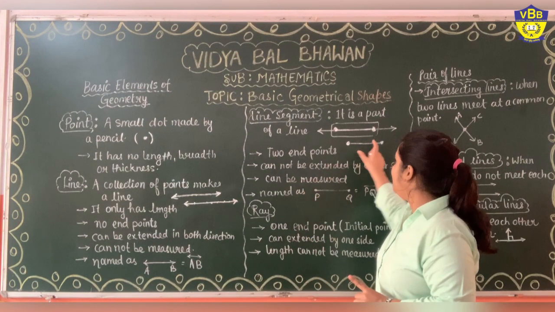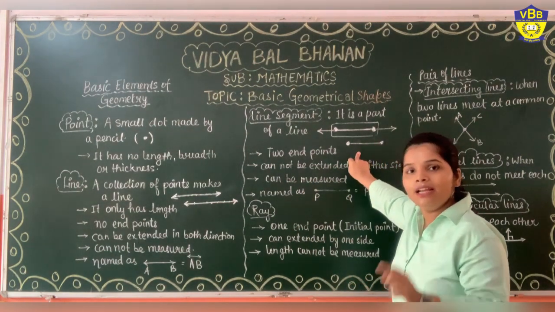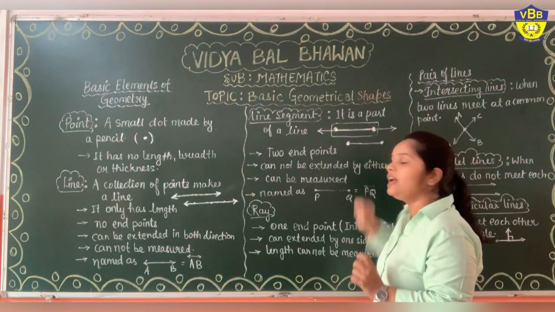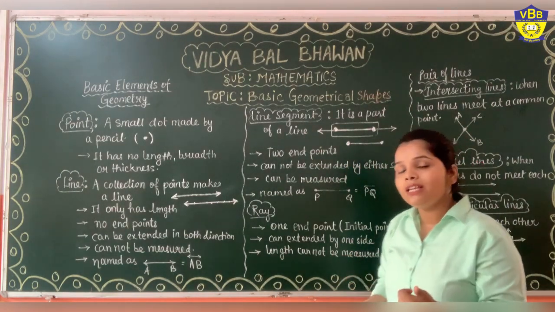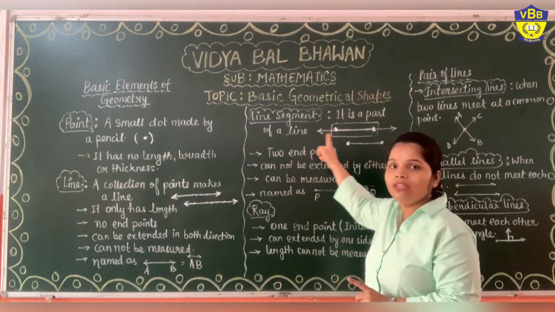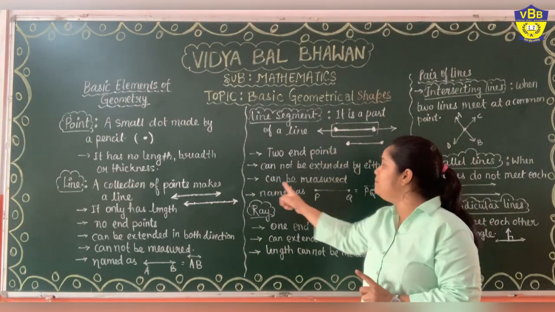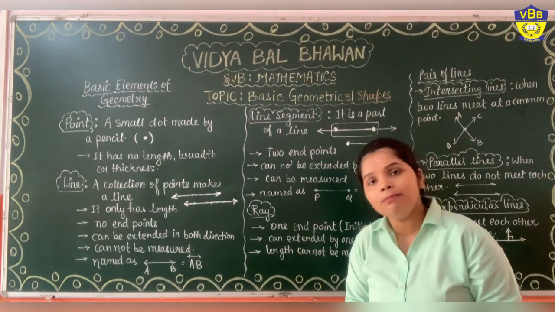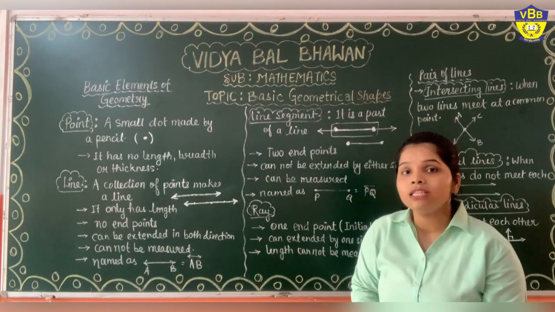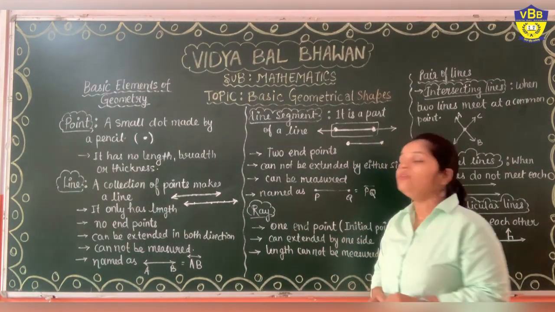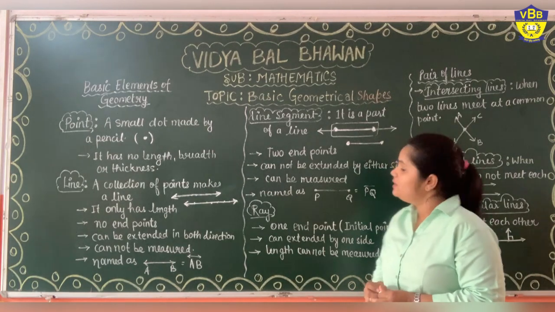So, if it cannot be extended, it will definitely have a fixed length. If it is having fixed length, that means the length of this line segment can be measured, because it is having 2 endpoints. Now, how to write the name?